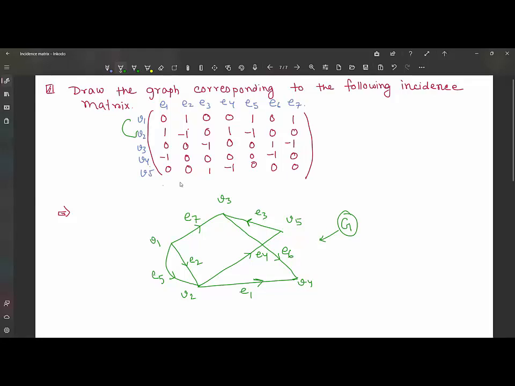Now let's take one or two homework problems for the incidence matrix of the directed graph. One problem is from the matrix to the graph, and one from the graph to the matrix.